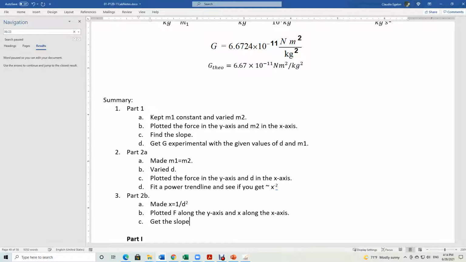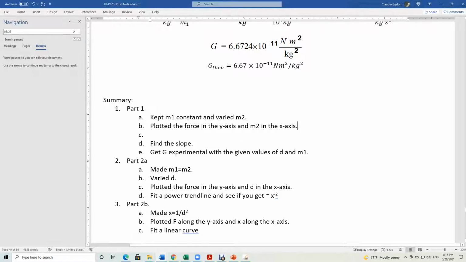Fit a linear curve. Okay, plot the force. Here you go. Fit a linear curve here too, right? Find the slope and the intercept.